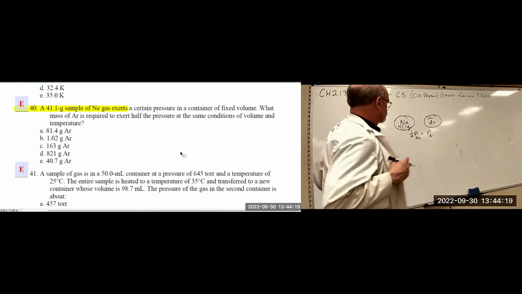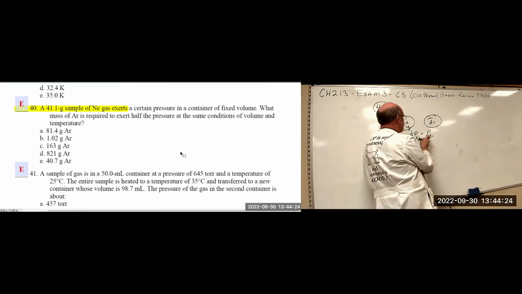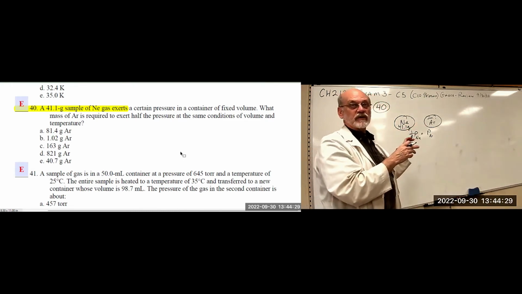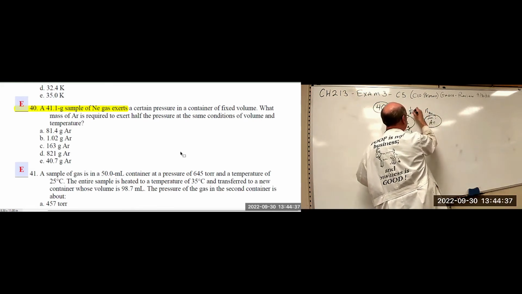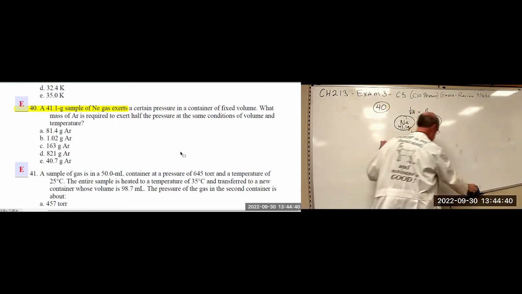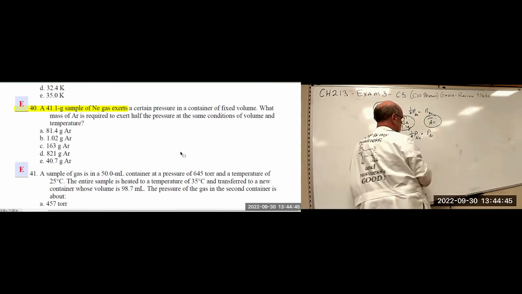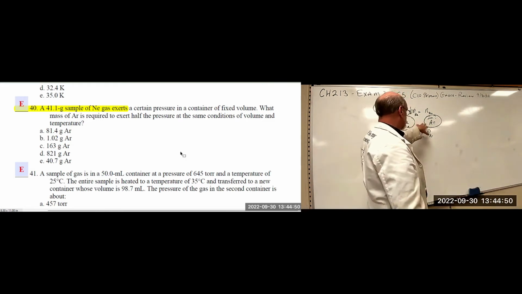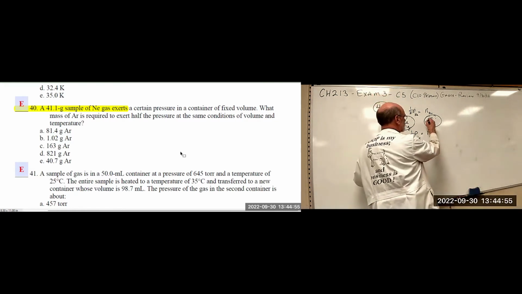So if this is going to be exerting half the pressure of that one, it needs to have half the number of particles, doesn't it? So the moles of this one have to be half the moles of that one. And if this one's got half the moles, then how do we relate masses? Well, we did this before. This is about 40.